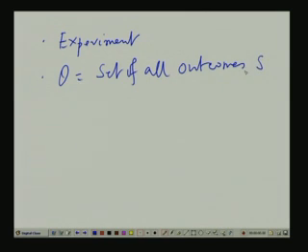So whenever a particular trial takes place, you get some outcome S, and depending on what you get, you assign a value to the variable X, and that variable is then called a random variable, random variable X.